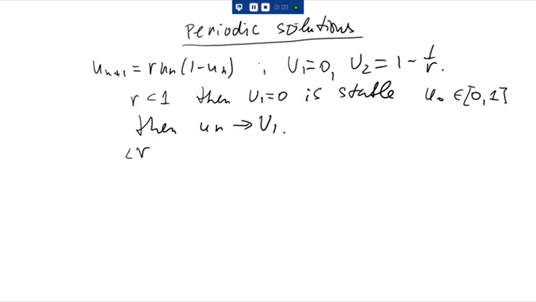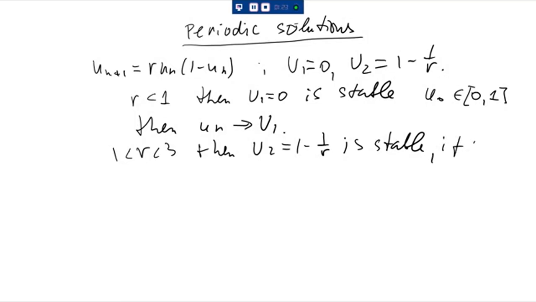If R is between 1 and 3, then U2, which is 1 minus 1 over R, is stable. And again, if U naught is in the same segment, UN now will tend to U2.